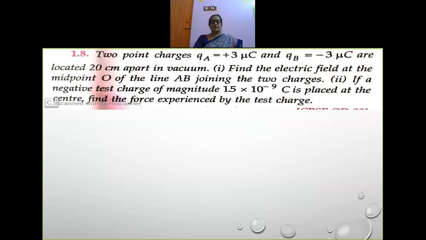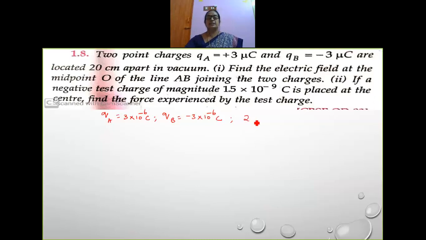And QB is minus 3 microcoulomb. So let me write QA as 3 into 10 power minus 6 coulomb, QB as minus 3 into 10 power minus 6 coulomb, and they are located 20 centimeter apart.